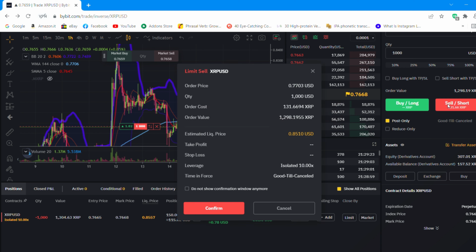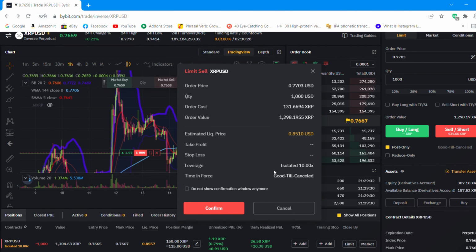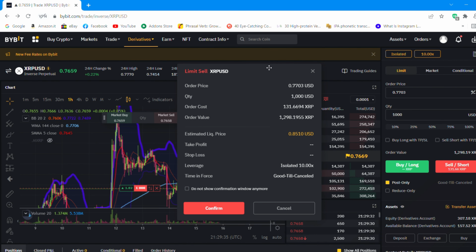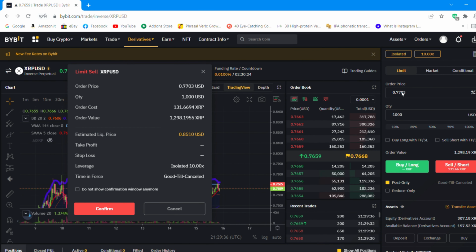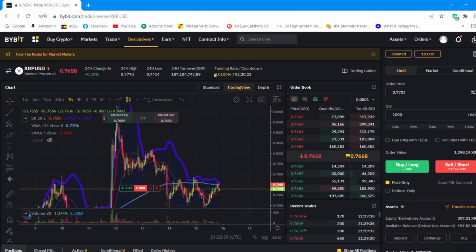If I say confirm, okay, so sometimes, now in this case I got a nice little message because there's a little bit of a price difference between them. But let's say I want to buy at 0.7662. Let's say it's really close.